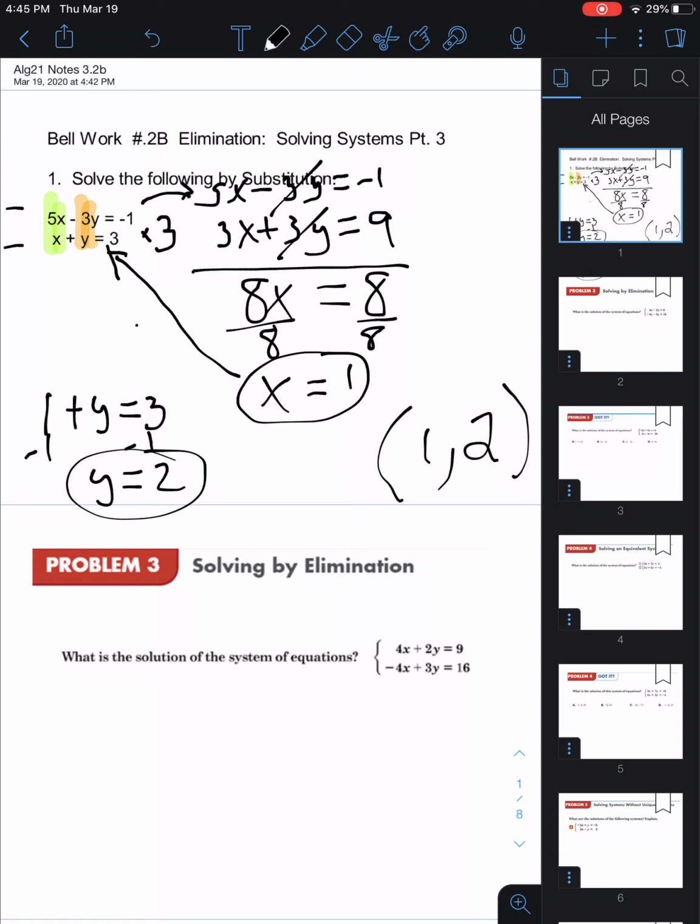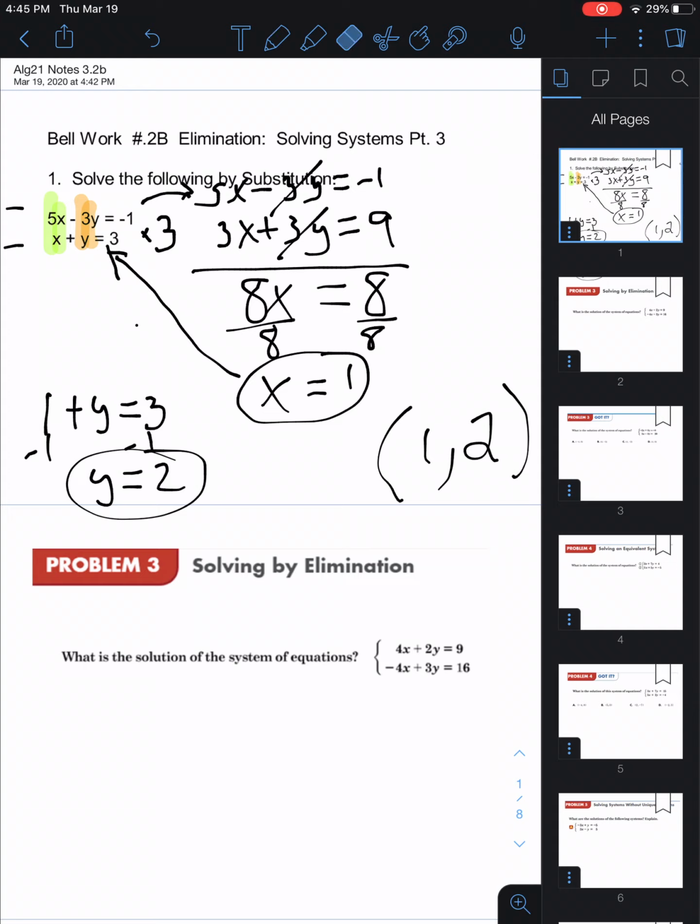My check, I'm going to take that expression and put it back into the first equation. So I'll come up here, and that would be 5 times 1 minus 3 times 2, which is 6, equals negative 1. And I can't seem to get that on there. Let's try that again.